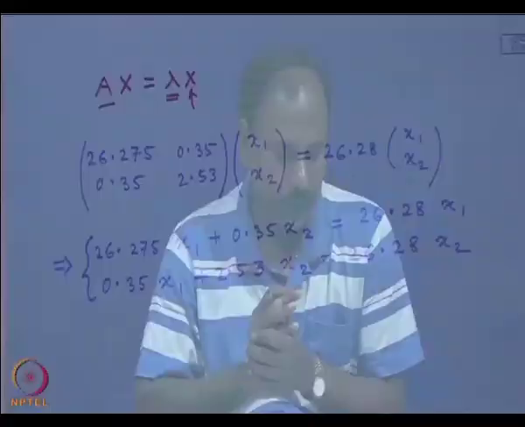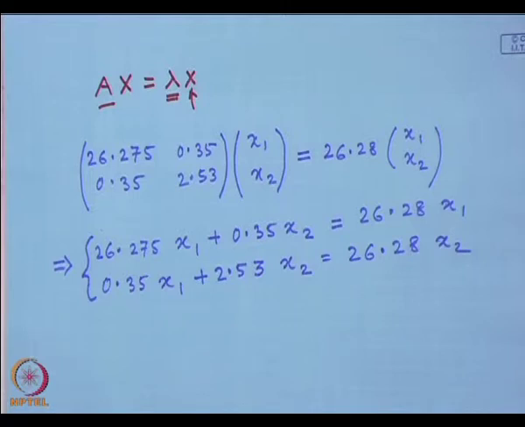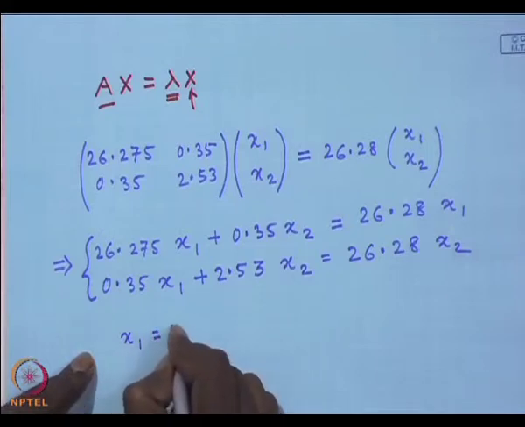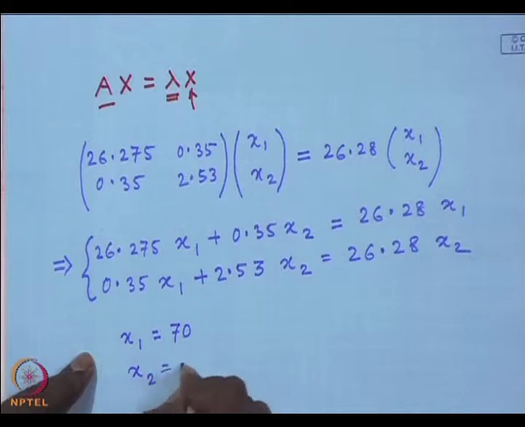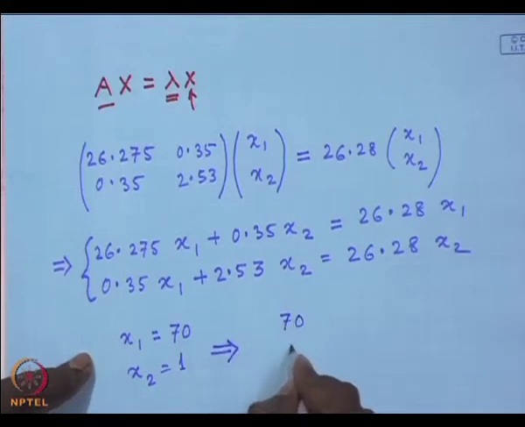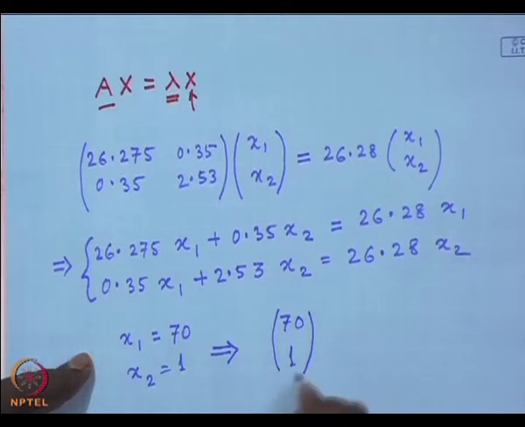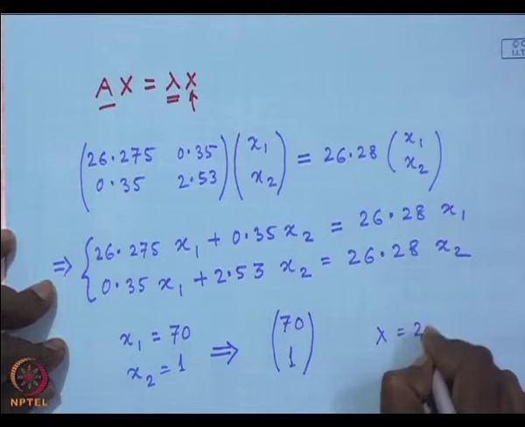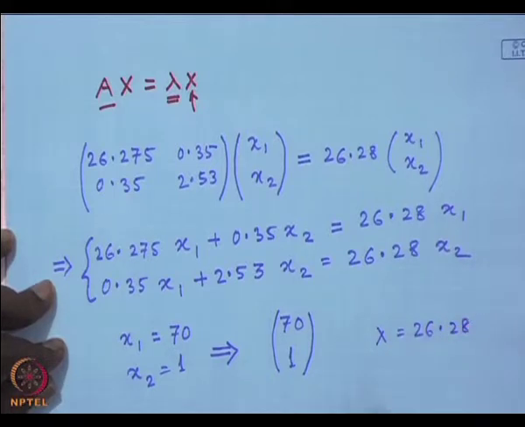And the solution is also very simple, and if you solve this, you will find that x1 is equal to something around 70 and x2 will be something around 1. So, that clearly indicates that 71 is the eigenvector of the covariance matrix corresponding to the eigenvalue lambda is equal to 26.28.